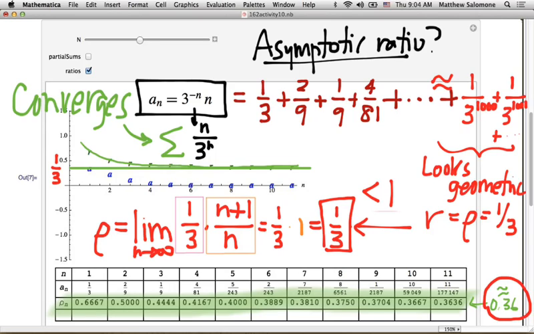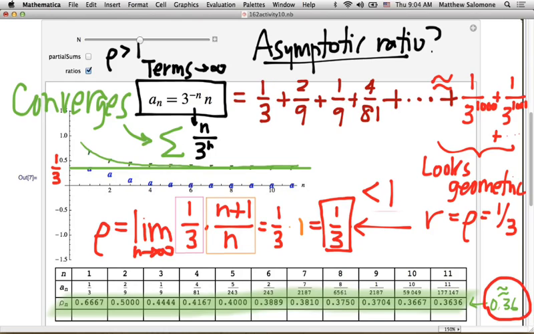In particular, when rho is bigger than 1, actually the terms of our series are not going to go to 0. The terms of the series are going to blow up to infinity anyway. So if you're using the sorting hat in the way that we have the sorting hat laid out, probably getting that ratio to be bigger than 1 is something that wouldn't happen, because he would have already thrown away that series based on the divergence for dummies test.